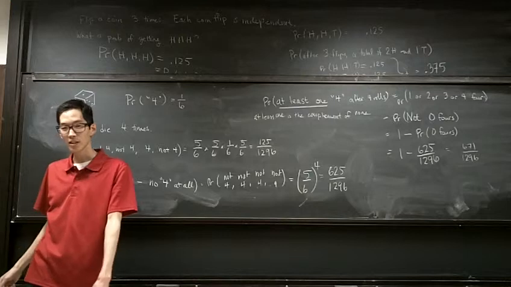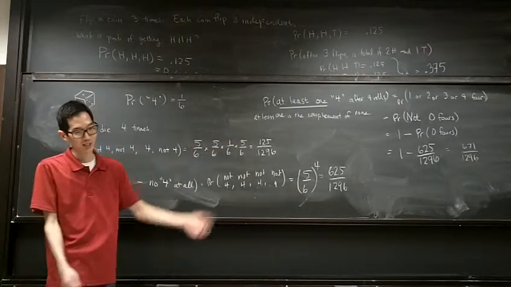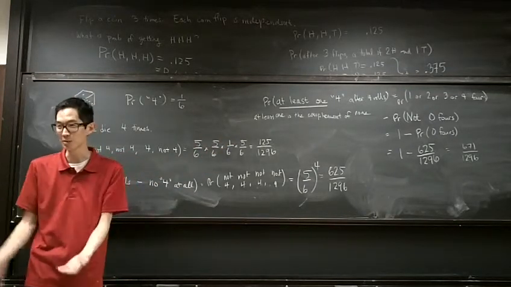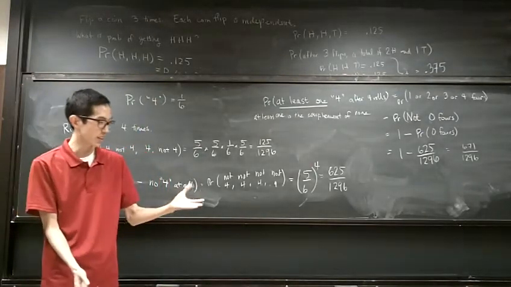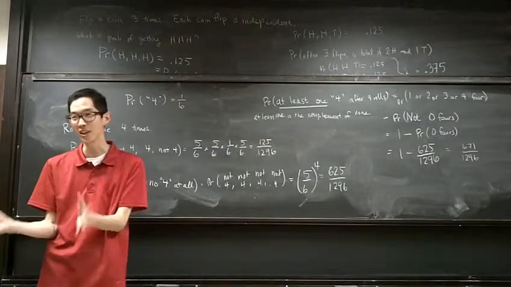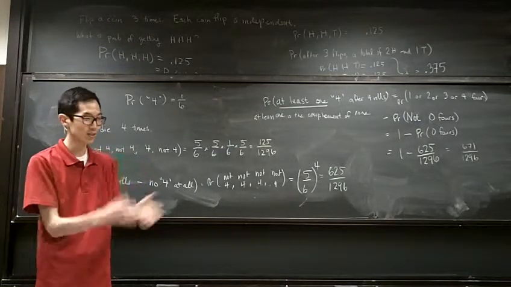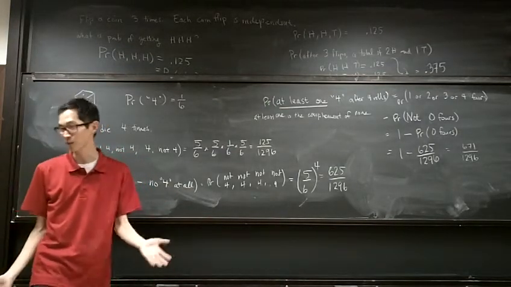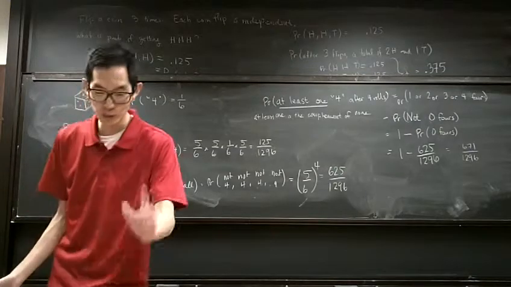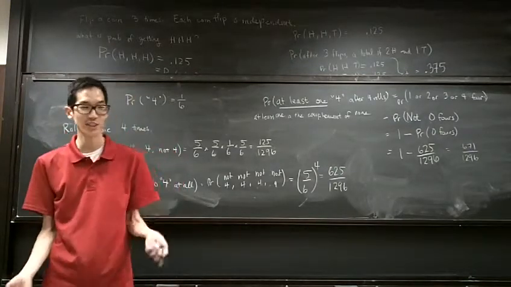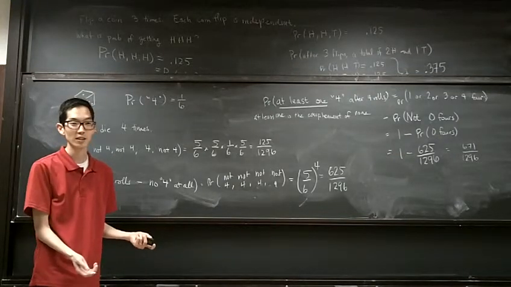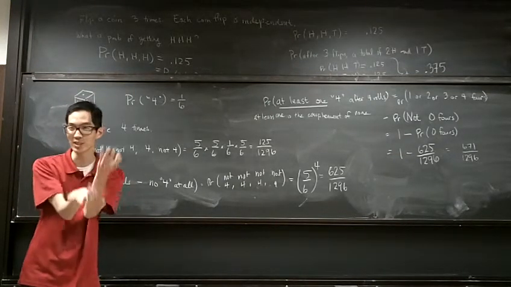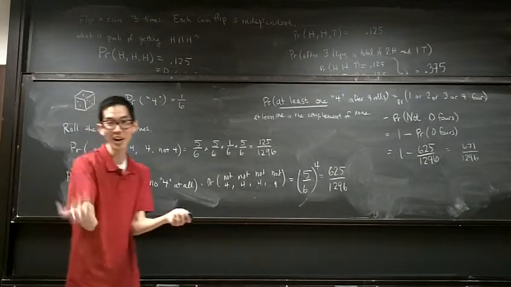You can join the I have at least one yacht or the I have no yachts club. You either have at least one or you have none. Those are the only two possibilities in the world. And what's complement again? Complement is the opposite thing. It's the not that thing.